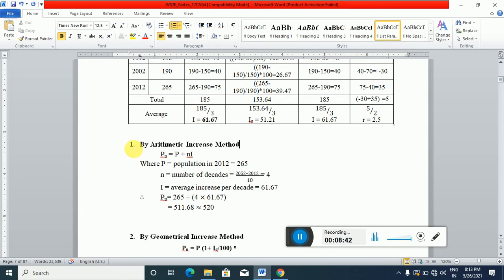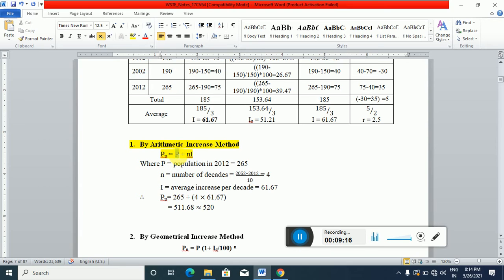Now we are estimating the population by the first method, the arithmetic increase method. The formula for the arithmetic increase method is Pn equals P plus N into I. Here Pn is the population for how many decades we are estimating. We are estimating the population after 4 decades, that is 40 years, so N is equal to 4 decades.